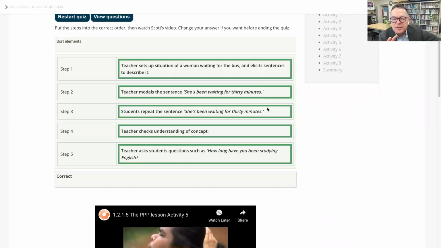The thing I liked the most there was how Scott said that there's not exactly only one way to do it, but there are some general guidelines on how to go from controlled to less controlled, from the spoken to the written, and from the meaning to the form. Those are excellent tips for teachers to keep in mind.